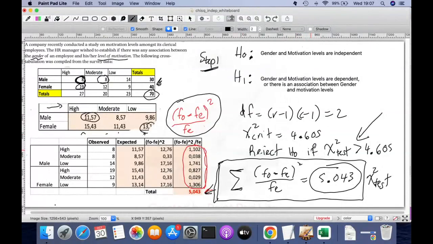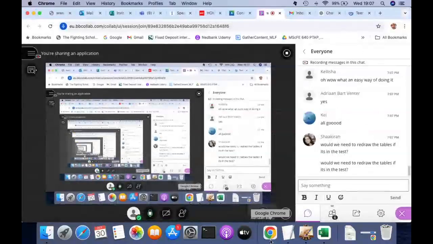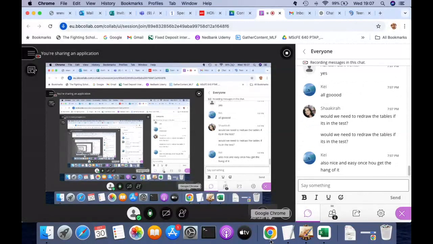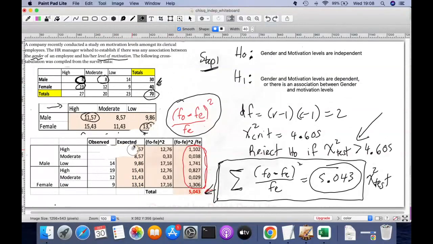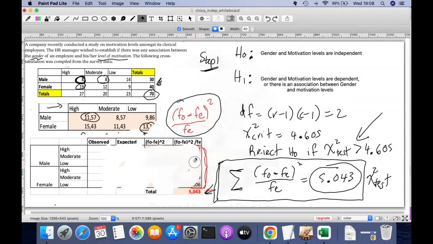Let's see this question. We need to redraw the tables. So Shakira, sometimes you do, but what happens in the test, the exam, what they would do is they'd start you off with the format. They wouldn't complete it for you, but they'll give you the layout like this. They'll just give you the template.